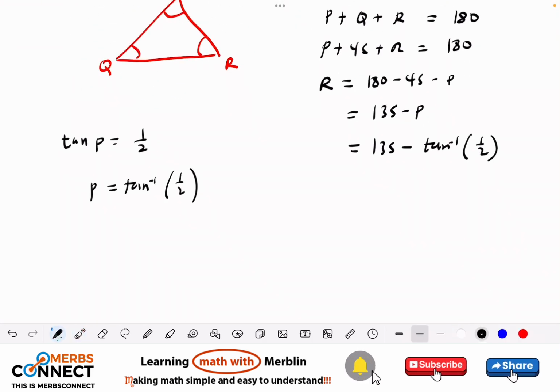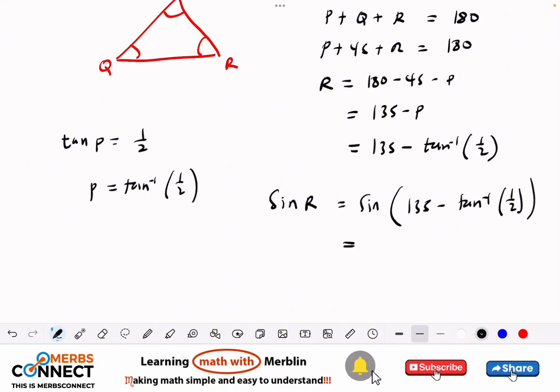So now I pick 25, then I need sine of R. So sine of R will be equal to sine of 135 minus tan inverse of 1 over 2. So I punch this in the calculator and it's going to give you something like 0.94868, right?